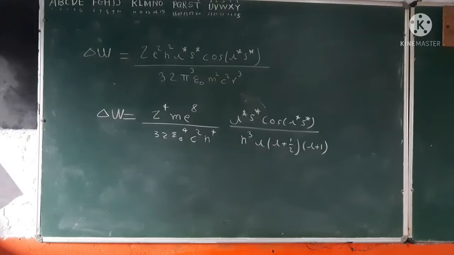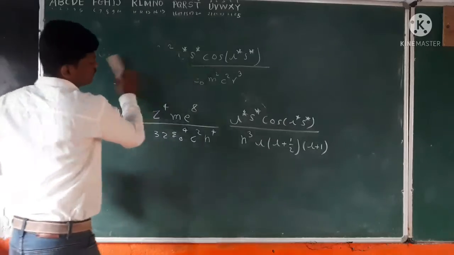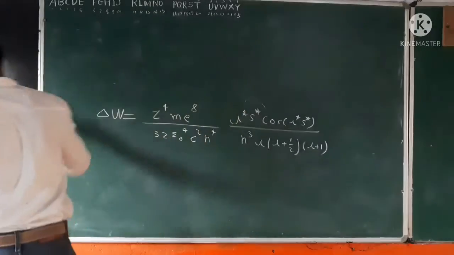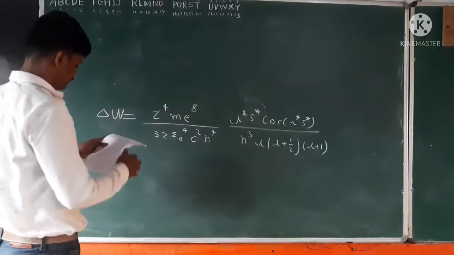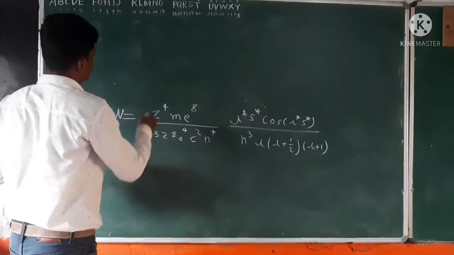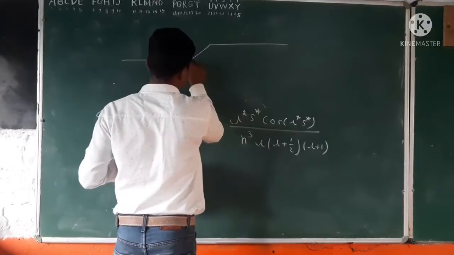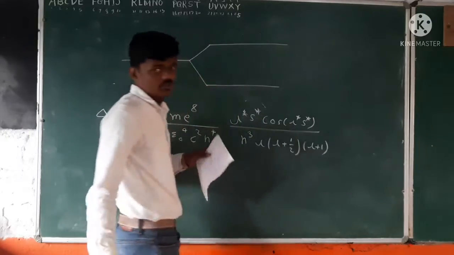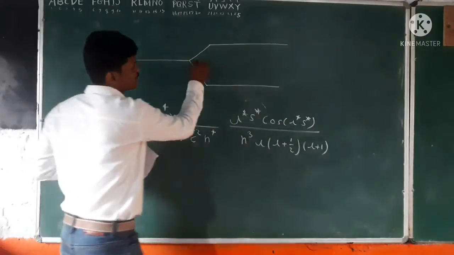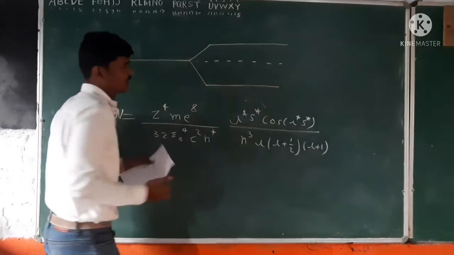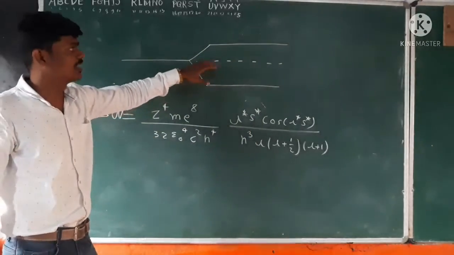Now we have to calculate the term shift. So what is term shift? We know the atomic spectral line splits into two. We are studying only the doublets for our syllabus. So that was the supposed line, and now it has shifted.